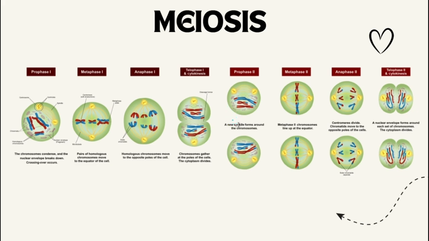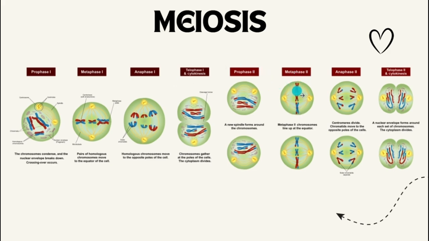In prophase 2, it's basically the same thing that's going to happen. Chromosomes will become condensed, and the centromeres are going to separate to opposite ends of the cell. In metaphase 2, chromosomes line up at the equator. In metaphase 1, we had homologous pairs, tetrads lining up at the equator, with 4 chromatids, 2 chromosomes.